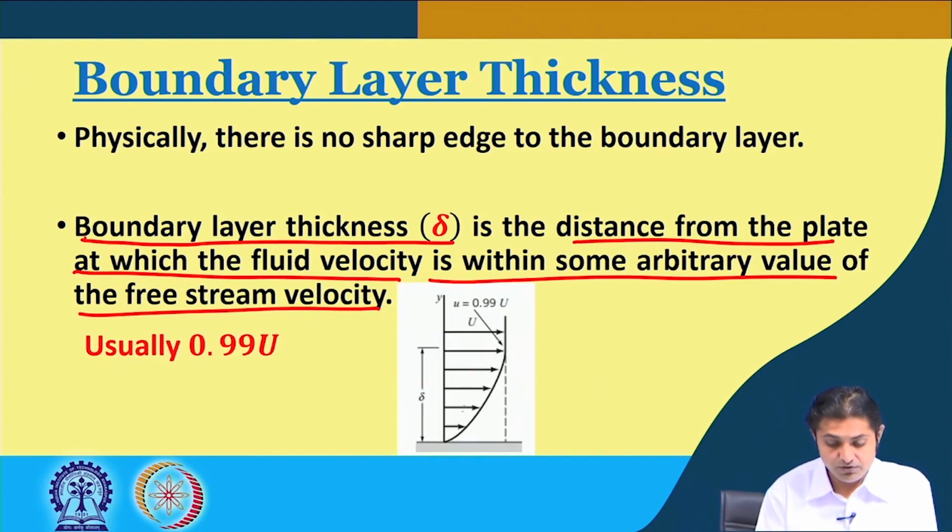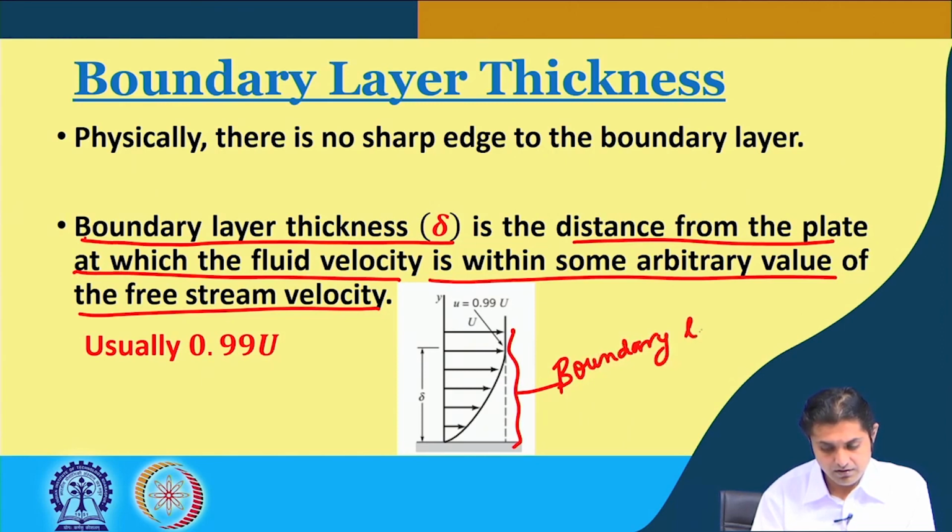Normally at the top, so this is the boundary layer. At the plate the velocity is going to be 0, and at one point we have to consider where the boundary layer ends.